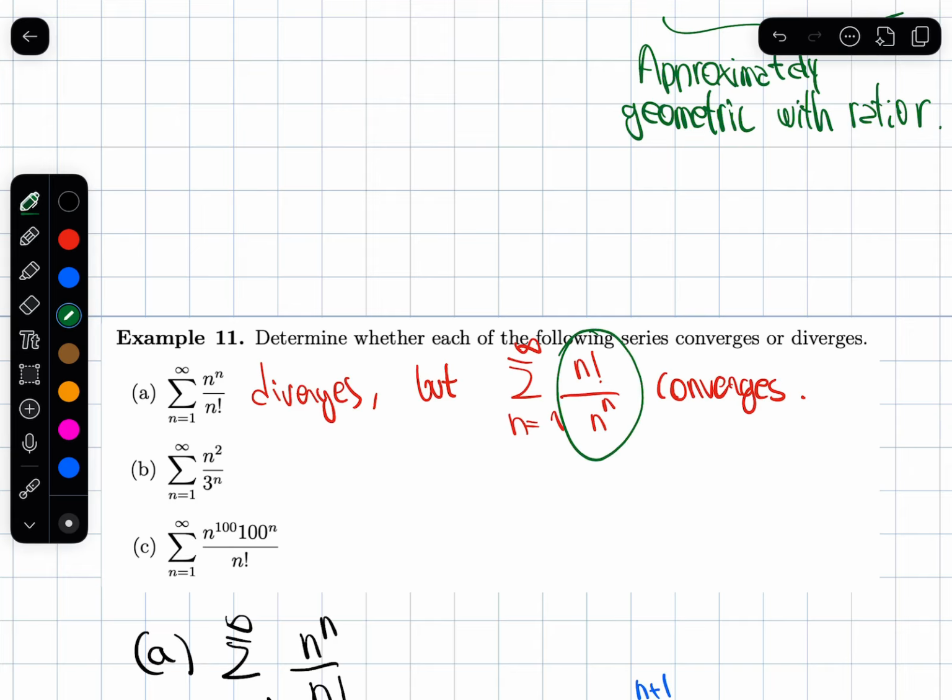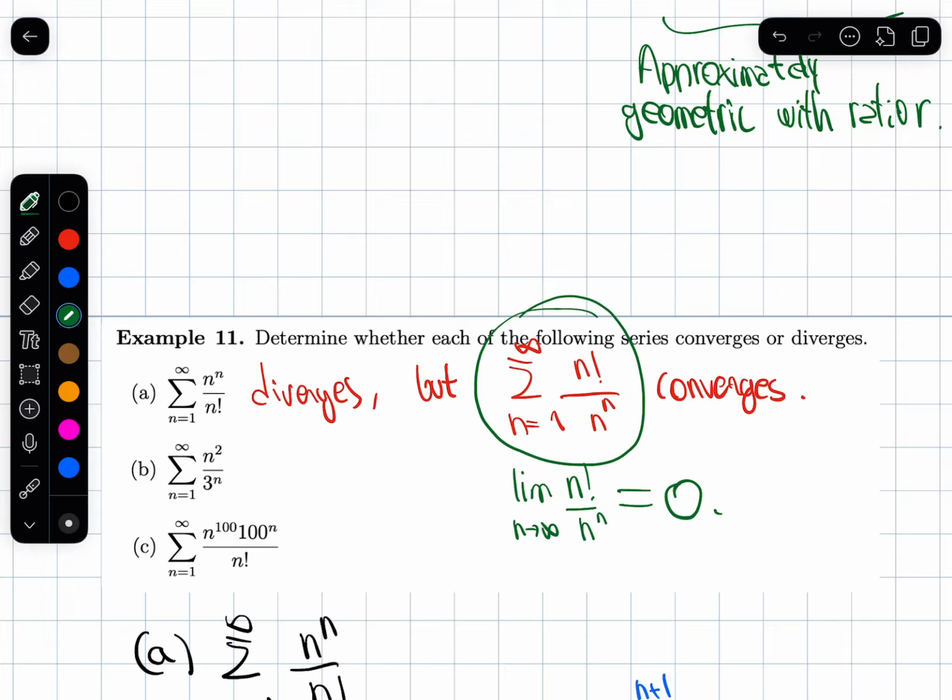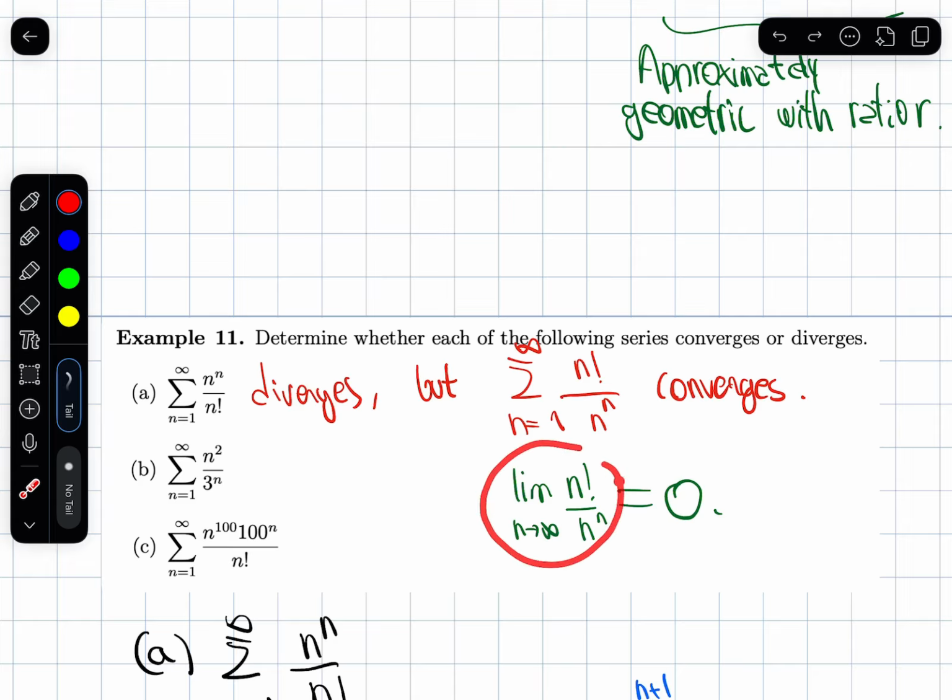I know this converges, and so I also know that this is, what's that limit? The limit of n factorial over n to the power n. It needs to equal 0, because if it didn't equal 0, then that series would have to diverge by the test for divergence. So something that I can be sneaky about, a teacher can do that, right? Ask you on a test or an exam, find this limit.